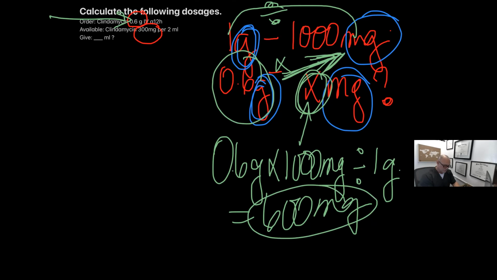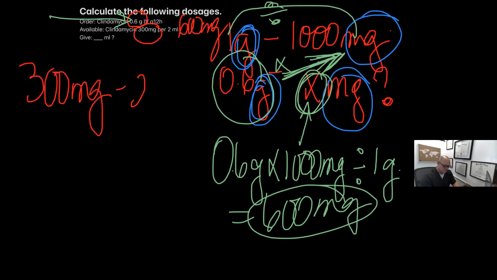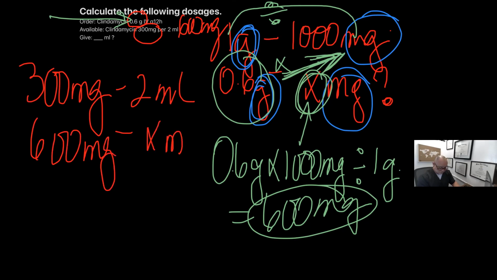So now you're going to write 600 milligrams in here. That's what you have now. But you have available 300 milligrams every 2 mLs. You're not giving 300; you are giving 600 milligrams. So 600 milligrams will be how many mLs?